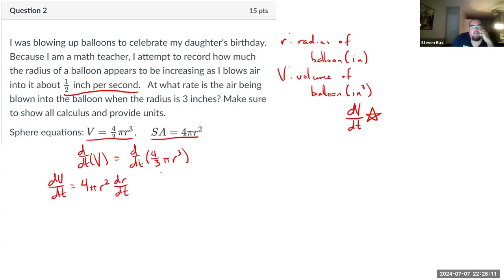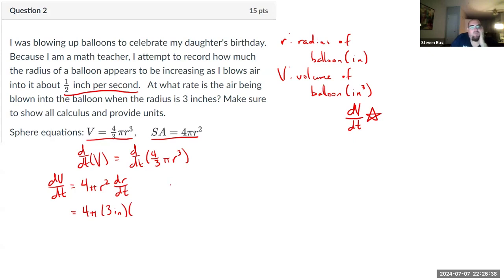All right. So we need to know what r and dr/dt are. So equals 4 pi. Do we know what r is? At what rate is the air being blown into the balloon when the radius is 3 inches? So the radius is 3 inches. What is the rate of change of the radius over time? We're recording how much the radius of the balloon is increasing.